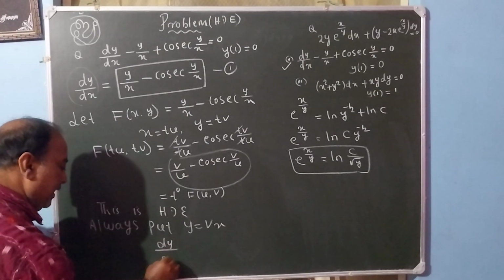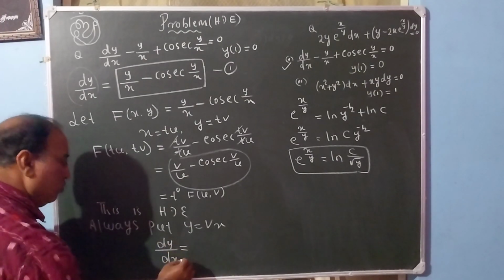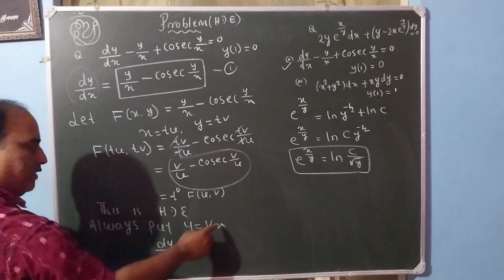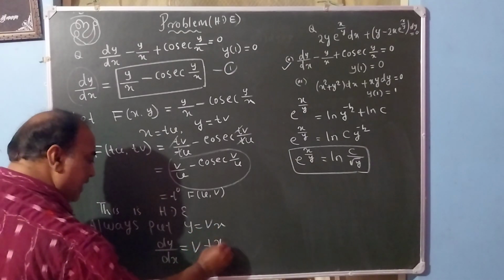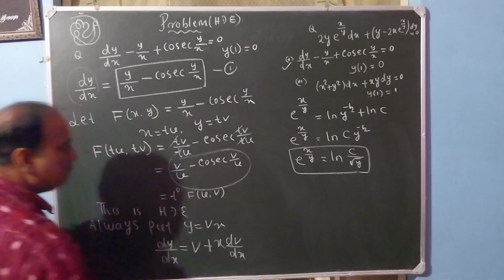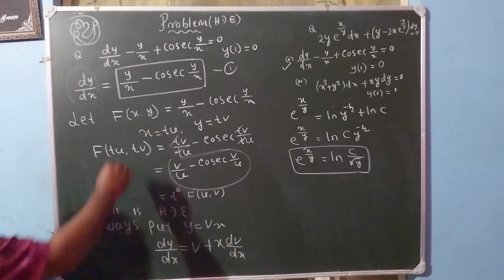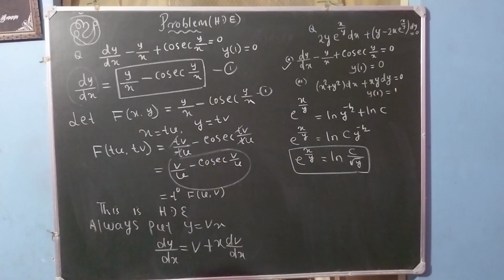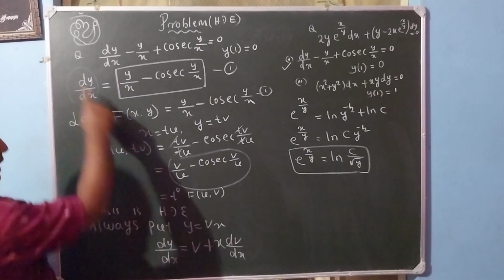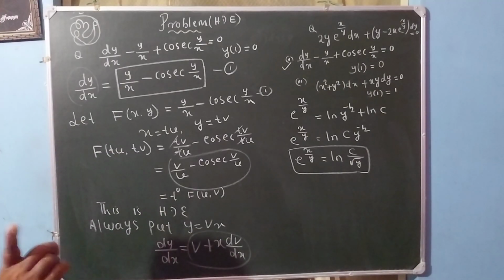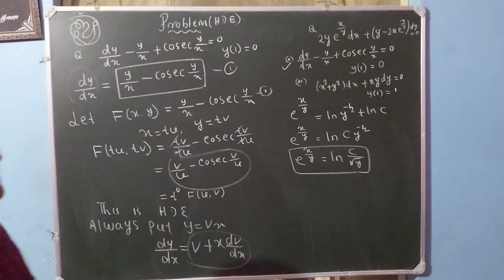So dy by dx is equal to v, applying product formula, v derivative of x is 1 plus x dv by dx. So now the equation 1 becomes, in place of dy by dx we put this, and in place of y we put vx.